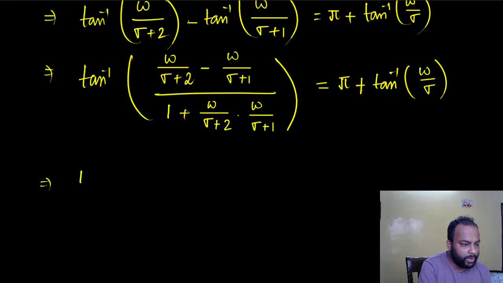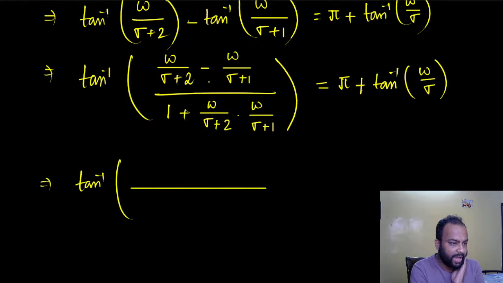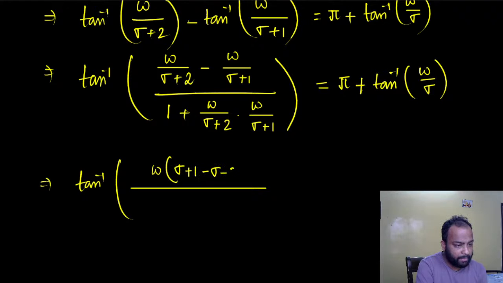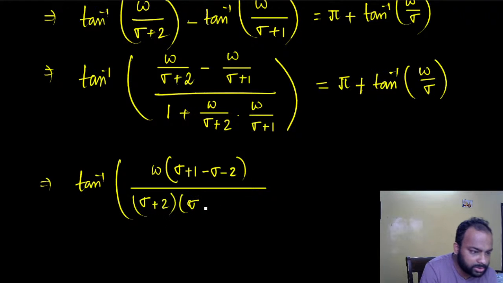All right, so we have tan inverse of something big here. If I simplify this, on the denominator I get sigma plus 2 times sigma plus 1, so that's going to be fixed for both of them, and in the numerator I would have omega times sigma plus 1 minus sigma minus 2, and here this is going to be sigma plus 2 times sigma plus 1 plus omega square.